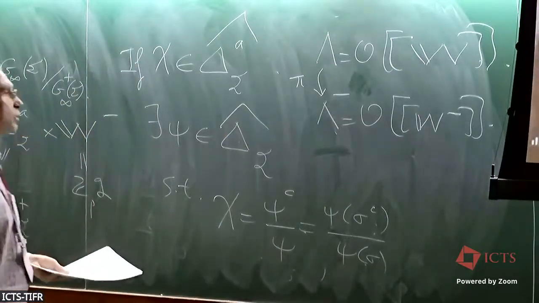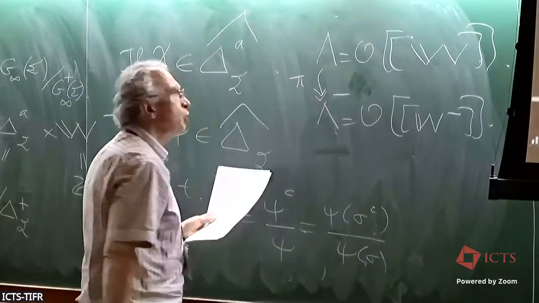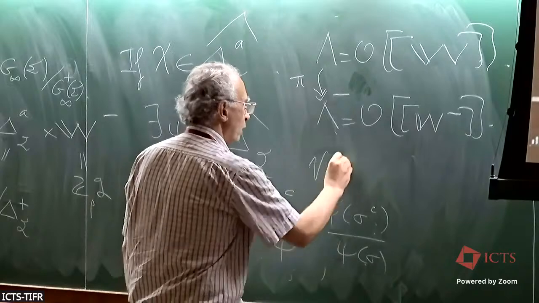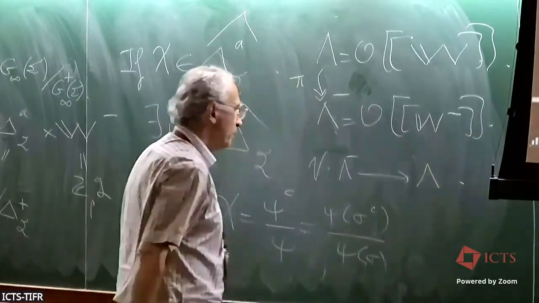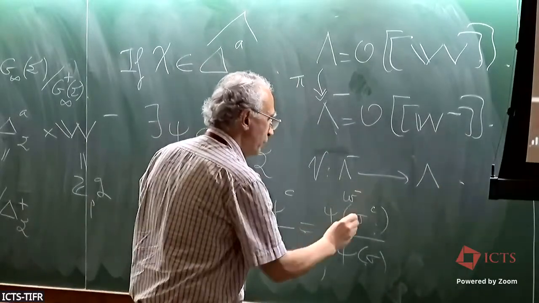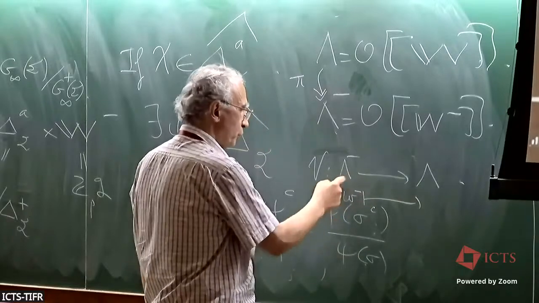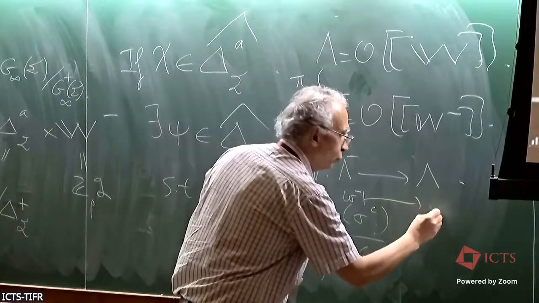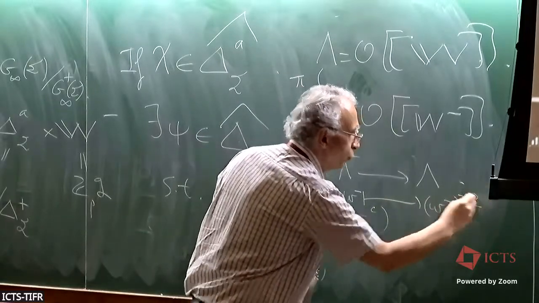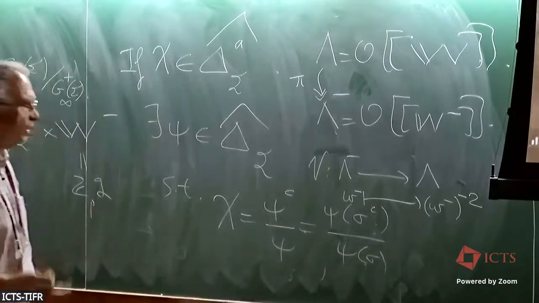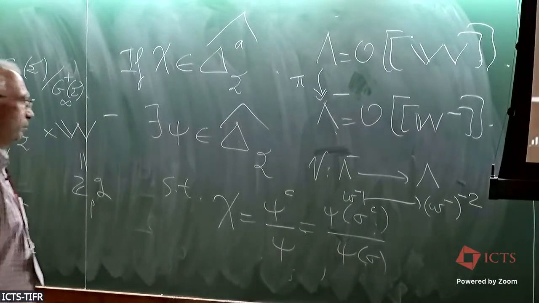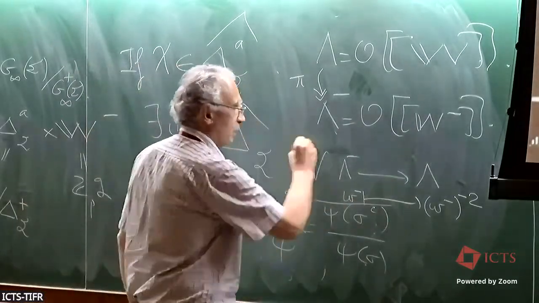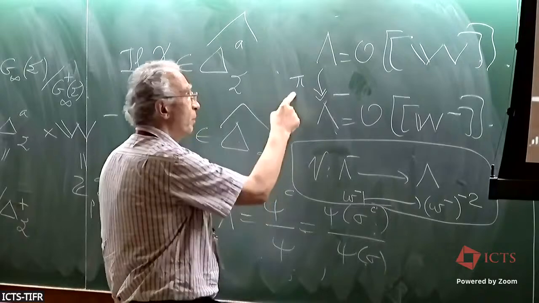There is a surjective projection, and we choose a section. It's not exactly a section, it's a quasi-section of lambda minus to lambda. Namely, an element W minus inside W minus, you send to W minus to the power minus 2. So it's not a section, it's a quasi-section of pi, but that's what we have to consider.